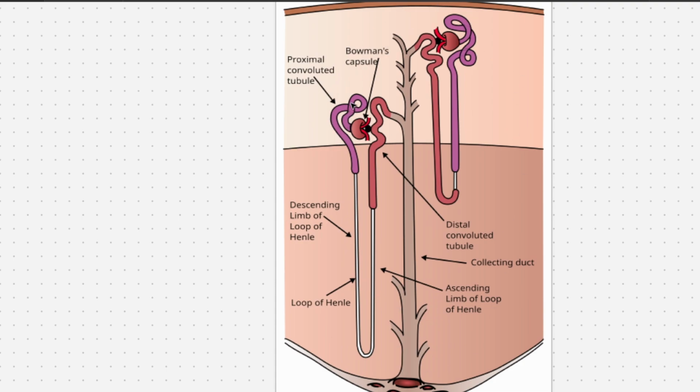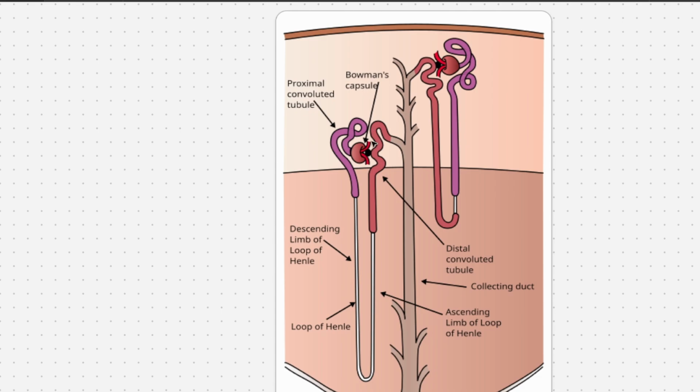First of all, it starts off here, which is called the Bowman's capsule, and you can see these red lines here. These are the arterioles. So for each nephron, there's an afferent arteriole, and inside the Bowman's capsule, there's something called a glomerulus, which is basically a tuft of capillaries.